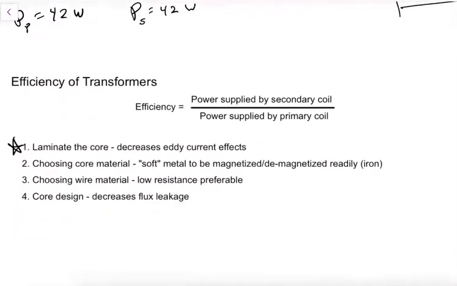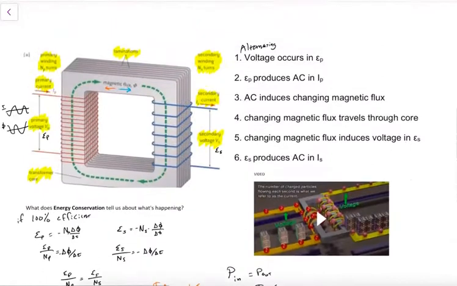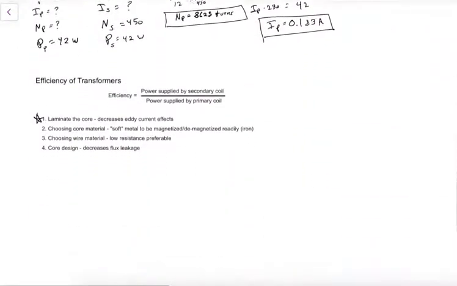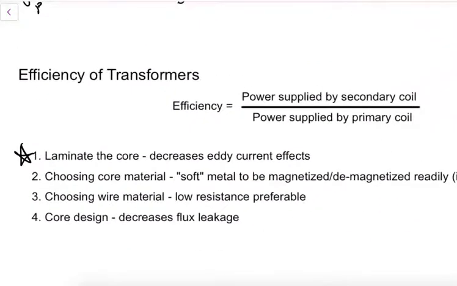Now, choosing the wire material is kind of the obvious one, right? Low resistance in the wire is going to increase the efficiency. And then also, how do you design the core? Like in this case, it's just a full-on square. But are there other cores that you could design that will improve the transfer of the magnetic flux and decrease flux leakage, which is the flux that does not travel to the other coil?